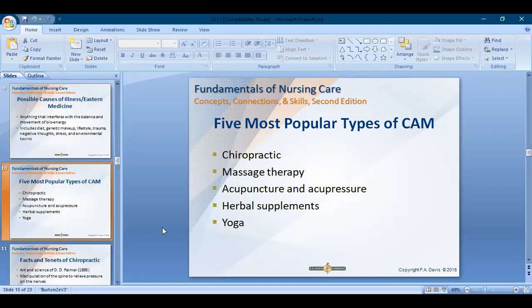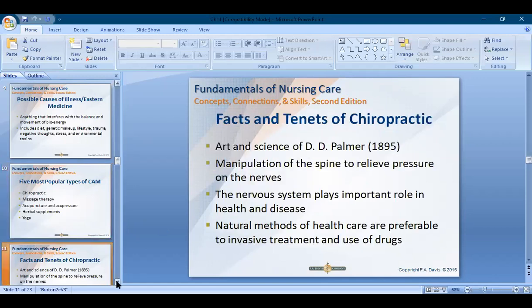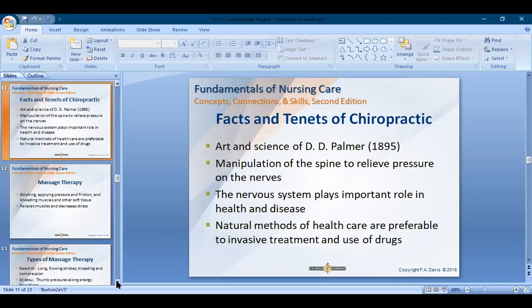So go next, and here it shows the facts about chiropractic. This is actually a basic talk about chiropractic. It is the art and science of manipulation to relieve pressure on the nerve.